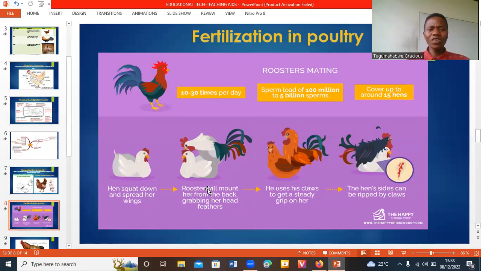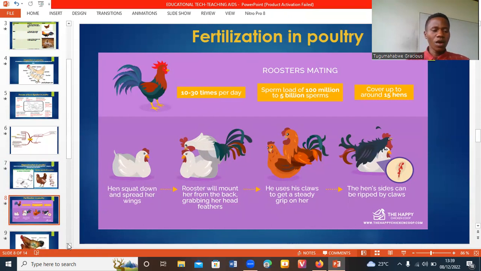So the student will understand the process of mating and get to know how mating takes place and understand that keyword, mating, and how it is described. So this is a mind map, and it is being aided by these pictures or diagrams that are here.